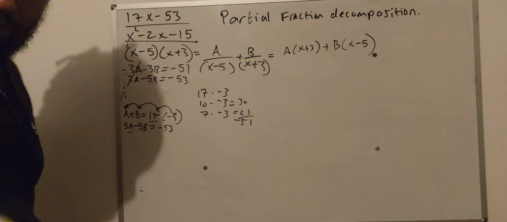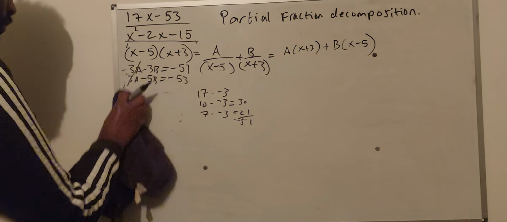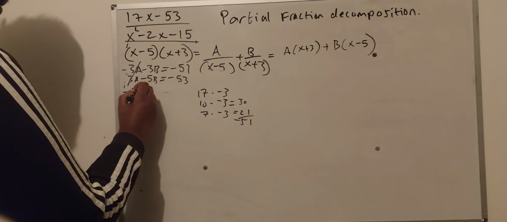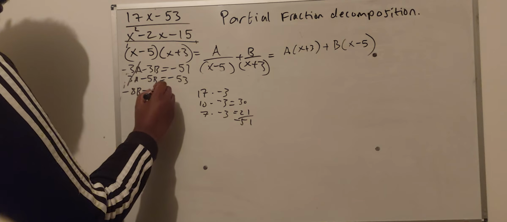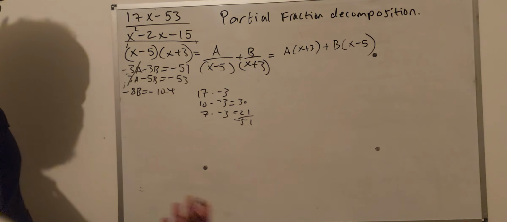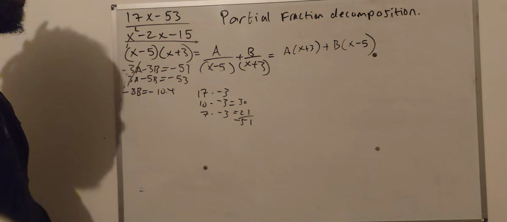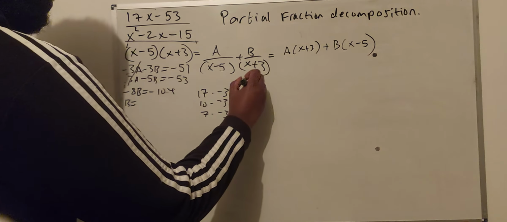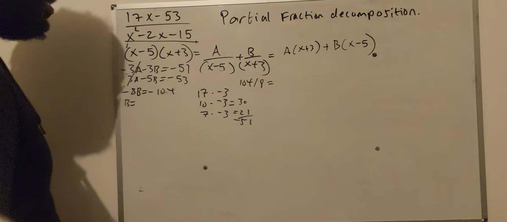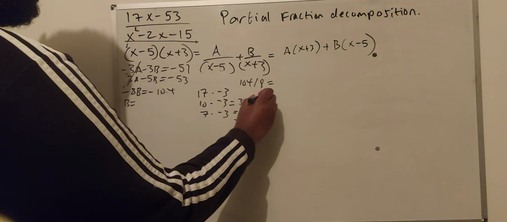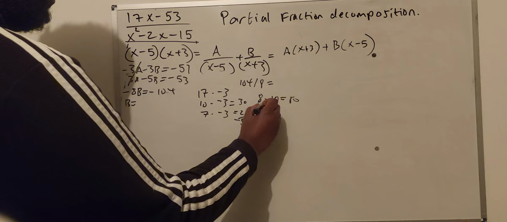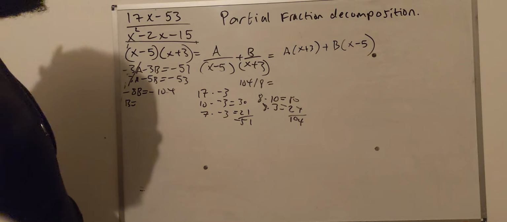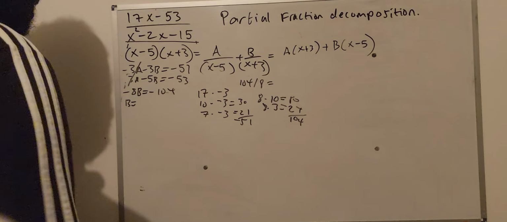These cancel out, and you're left with -3b minus 5b, which is -8b, equals -104. 51 plus 50 is 100, and 1 plus 3 is 4, so it's 104. So b equals 104 divided by 8, which is 13, I believe, because 8 times 10 equals 80, 8 times 3 equals 24, so 104.